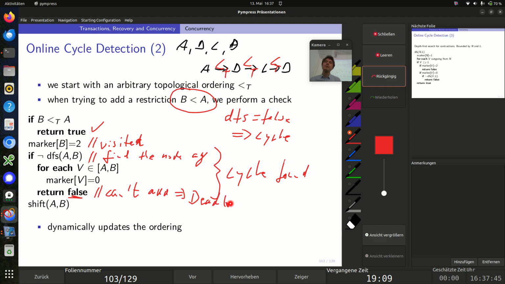So we have a deadlock. And otherwise, change the topological ordering.